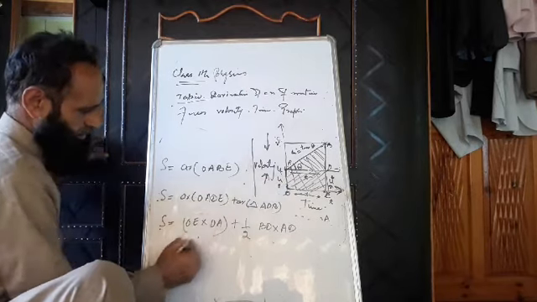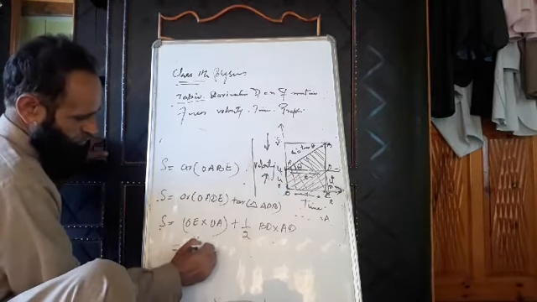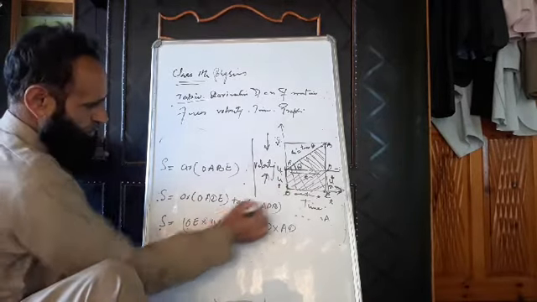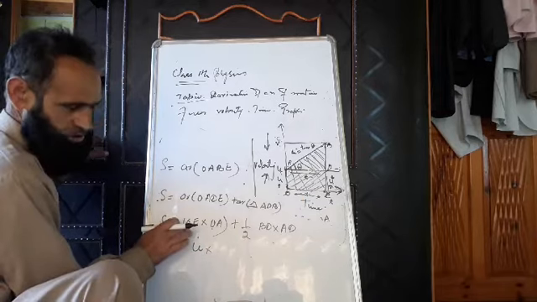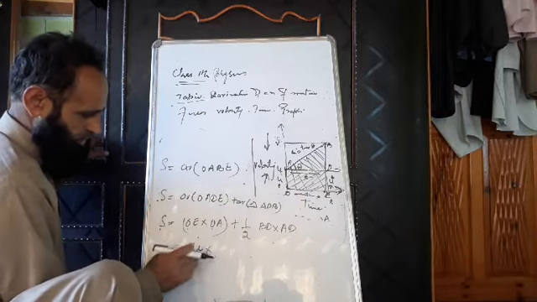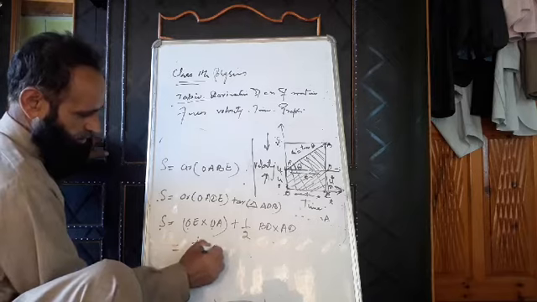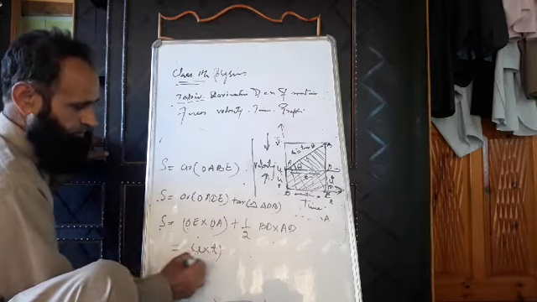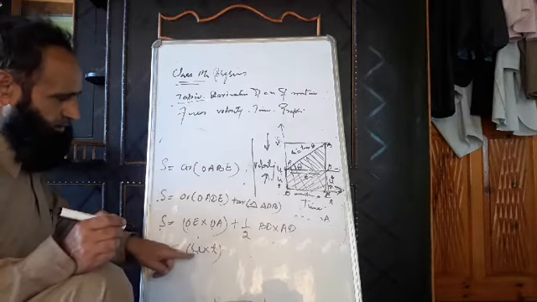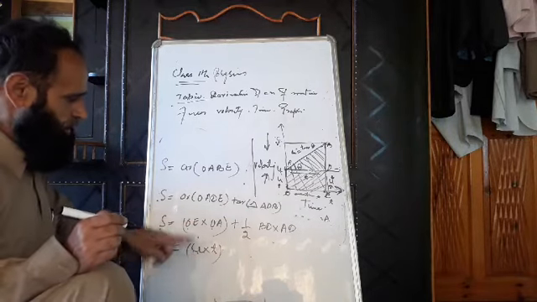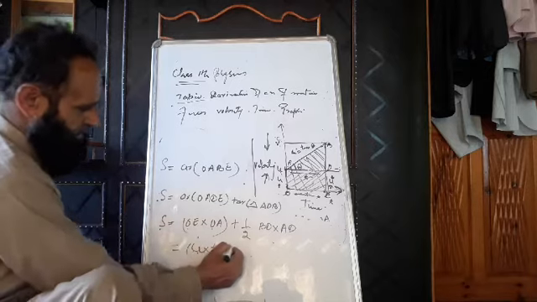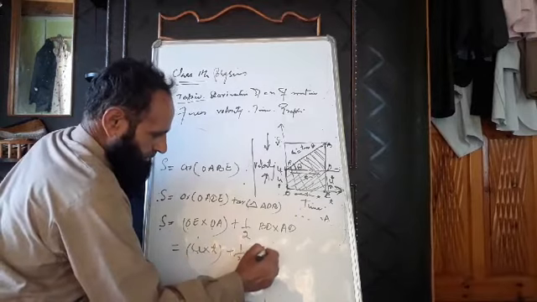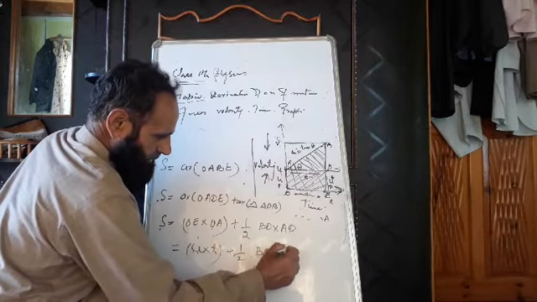Instead of OA we can write u, and instead of OE we can write t. So we can say t into u, or u into t, same. Plus 1/2 BD into AD.